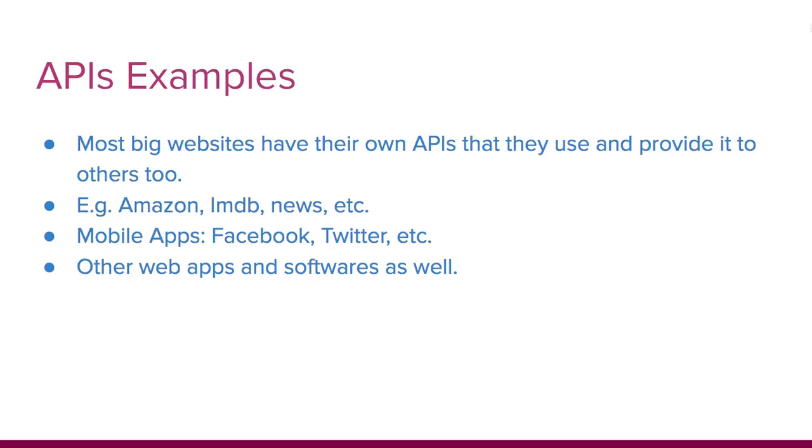So, examples of APIs. There are many examples. Most big websites such as Amazon, IMDb, which is the website that has information about pretty much every single movie on earth, news websites, applications such as Facebook and Twitter, and other software all use APIs, whether they use their own APIs and databases or they get data from other sources.